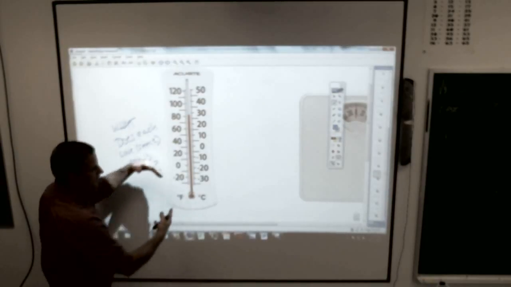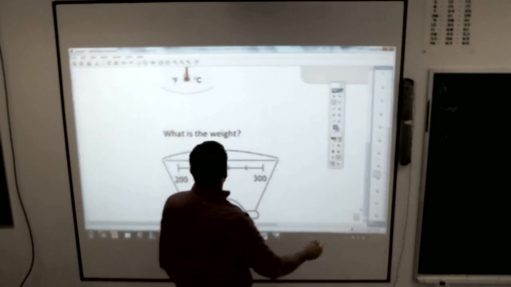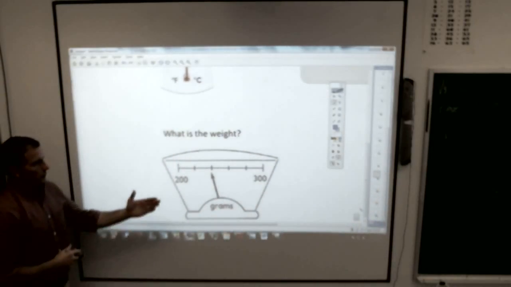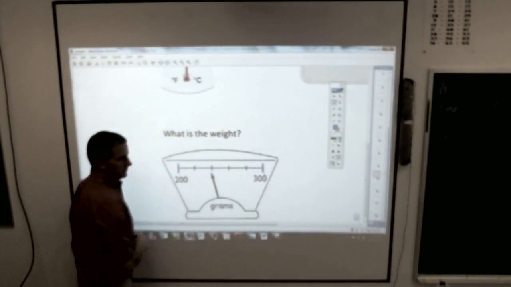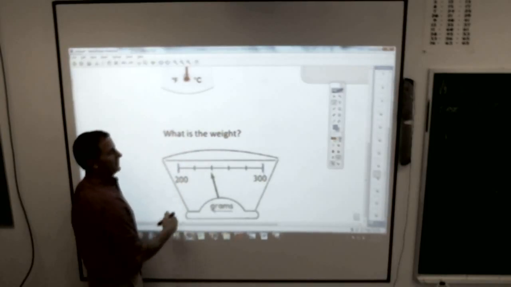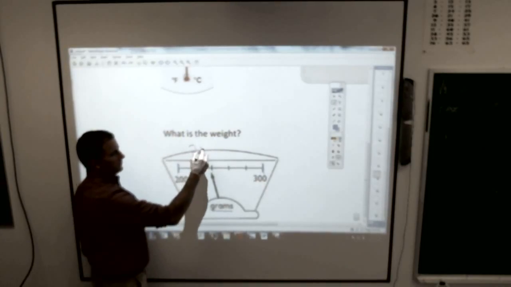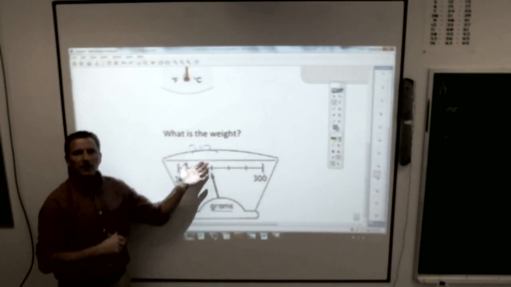You have to decide what units of measurement they are using. I'll look at this one because it's really obvious here. You have a 200 mark here and a 300 mark here. Would you just look at this and say it's measuring in grams, and it's 202 grams because it's just 2 units over?